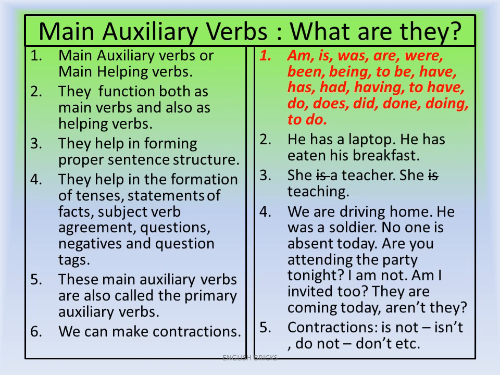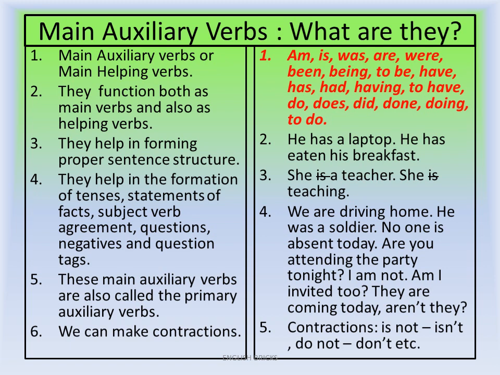Is that clear? Good. Now, these main auxiliary verbs help us in the formation of tenses, statements of facts, subject-verb agreement, questions, negatives, and question tags. Now, you look at this example here in the fourth one. We are driving home. It tells us about the tense. We are driving home. That means now.